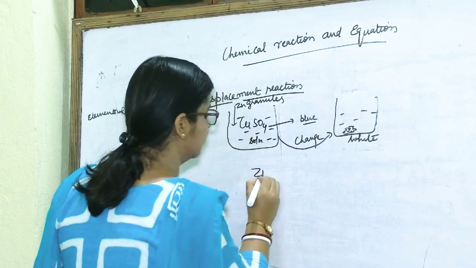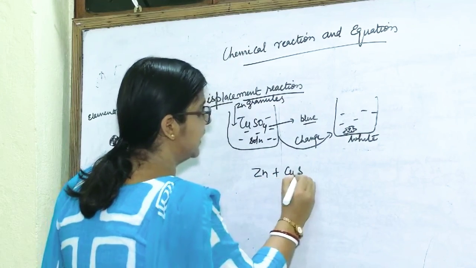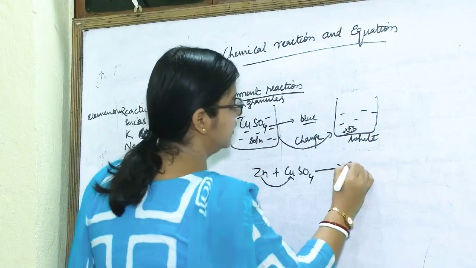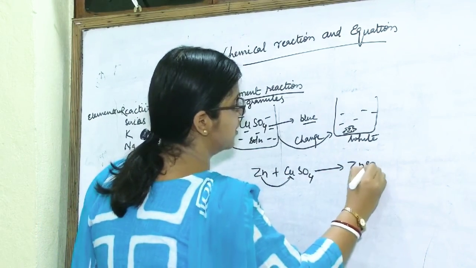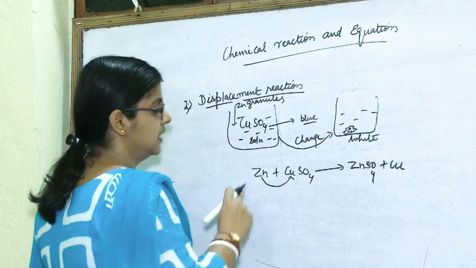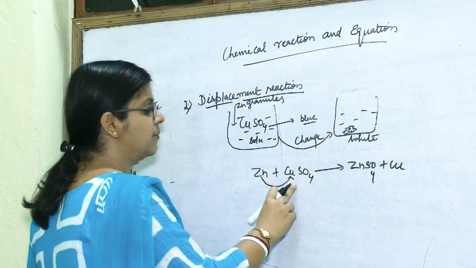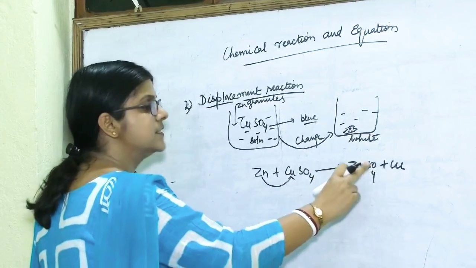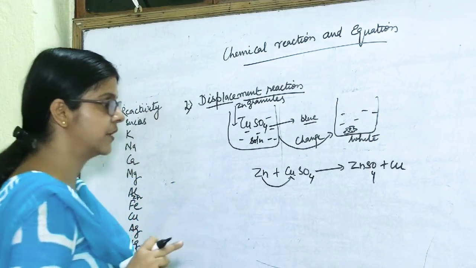The zinc granules will displace copper from copper sulfate solution and it will result in the formation of zinc sulfate plus copper.